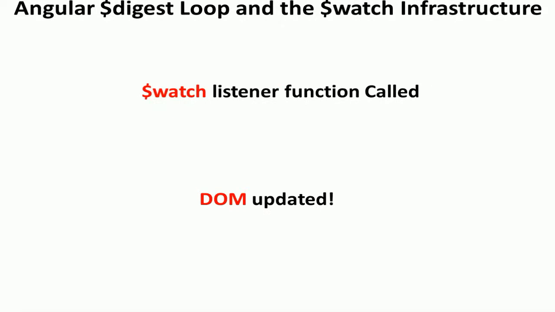When the watch listener is called, the DOM is updated with the new value by the Angular framework. Angular does this for all watches, the watches that we create as custom watches, as well as the ones created by the framework to support data binding. Both HTML directives like ngbind, ngmodel, and interpolations use this watch infrastructure.